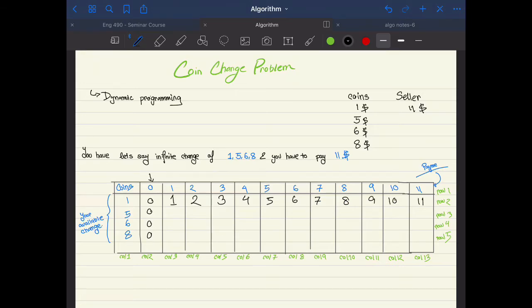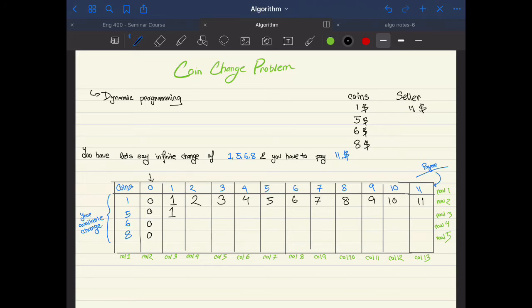Up next, you now have both $1 and $5 coins, right? Now the seller wants $1 from you, so you can't give him any $5 coins. What you can do is give him a $1 coin. We already figured it out, right? From the situation above, from row 2.